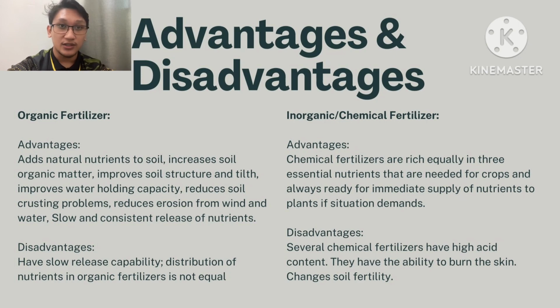The disadvantage of using chemical fertilizer is that several chemical fertilizers have high acid content. This has the ability to burn the skin of someone using it. So it is very dangerous and needs to be used carefully and cautiously. Also, a disadvantage of chemical fertilizer is that it can change soil fertility when used in the long term.